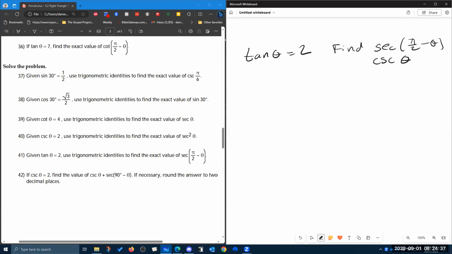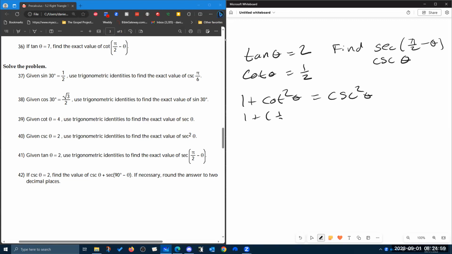So let's find cotangent. Cotangent is 1/2, and 1 plus cotangent squared is equal to cosecant squared.